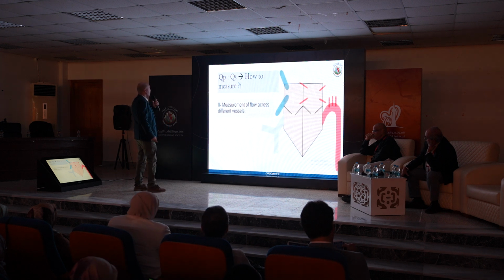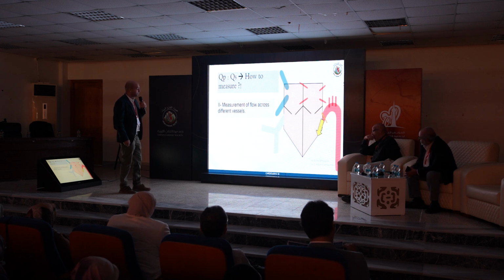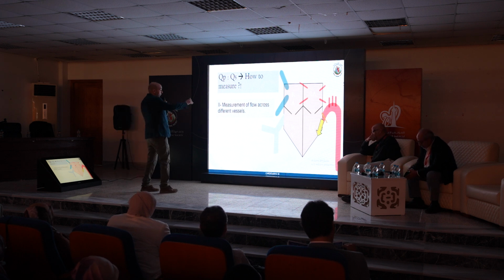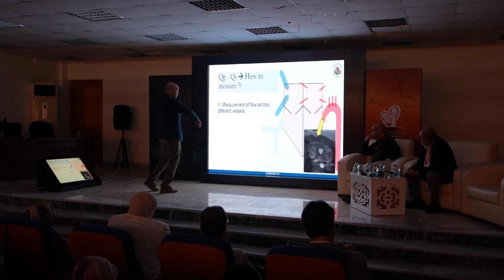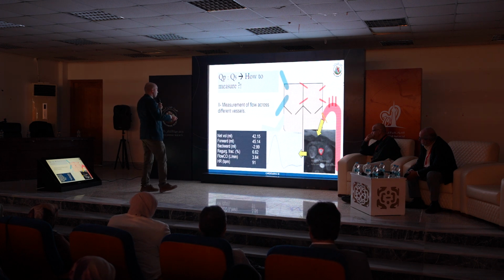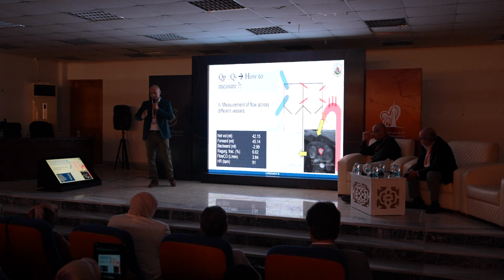Then we will measure flow across different vessels. We'll take our plane, in this case on the aorta for example, get our through plane image, put our ROI or region of interest, then we'll get this data: net flow, forward flow, backward flow, and regurgitation fraction for each vessel.